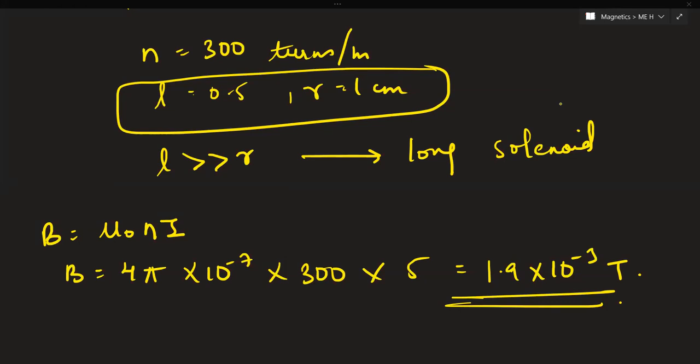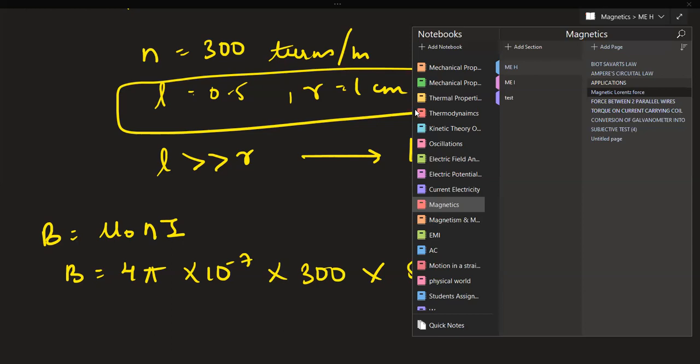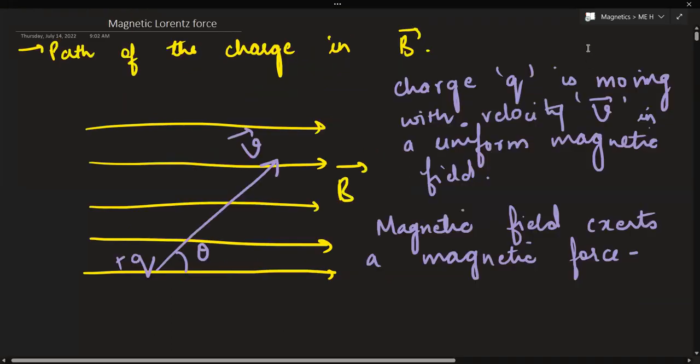Obviously, magnetic Lorentz force will not be completed, only 15 to 20 minutes a day. See, magnetic Lorentz force is very easy. Magnetic Lorentz force basically gives you the path of the charge in a magnetic field.